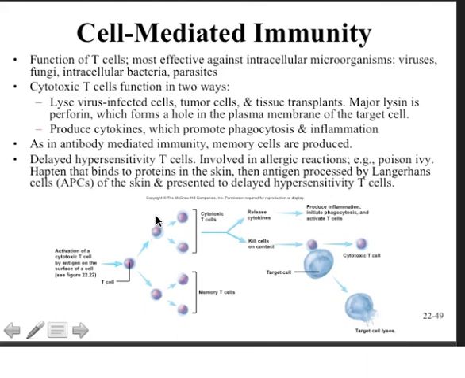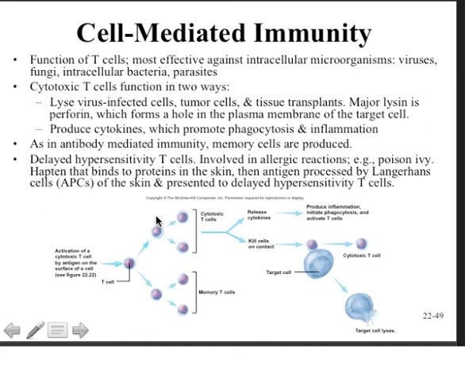Delayed hypersensitivity in T cells is an example of cell-mediated immunity that is somewhat misdirected. It's involved in allergic reactions such as exposure to poison ivy or poison oak.